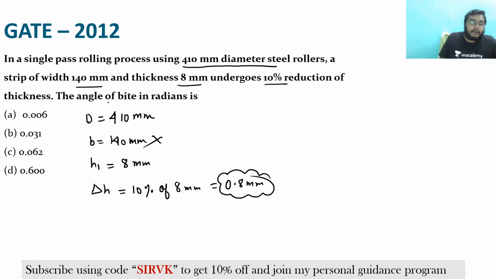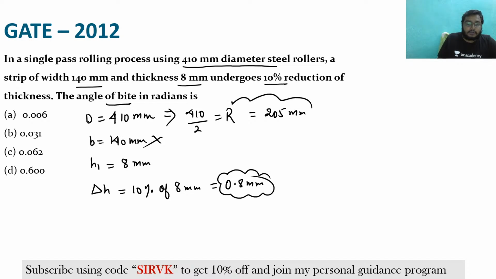So now you have to find the angle of bite. How can you find it? This is the 410 mm which is given, so 410 by 2 would be my radius, that is 205 mm. You know the radius, you know the delta H. So can you find it from this formula, tan alpha is equal to root over of delta H by R?